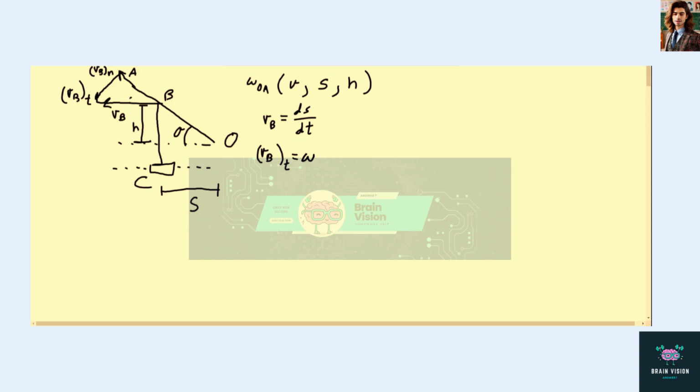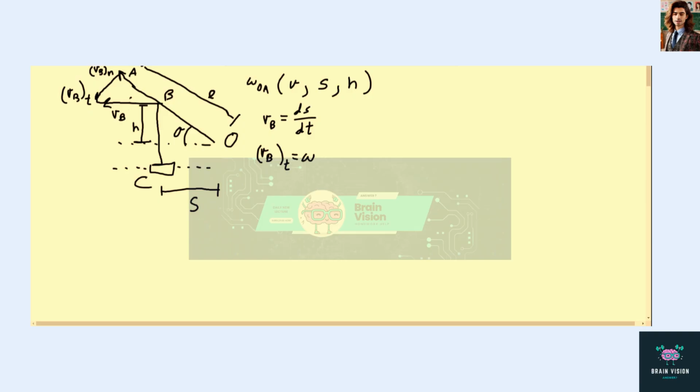Luckily, we can find that using some geometry. So if we know the length of this bar here, L, let me fix that, sorry. Okay, the length of the bar is L there.